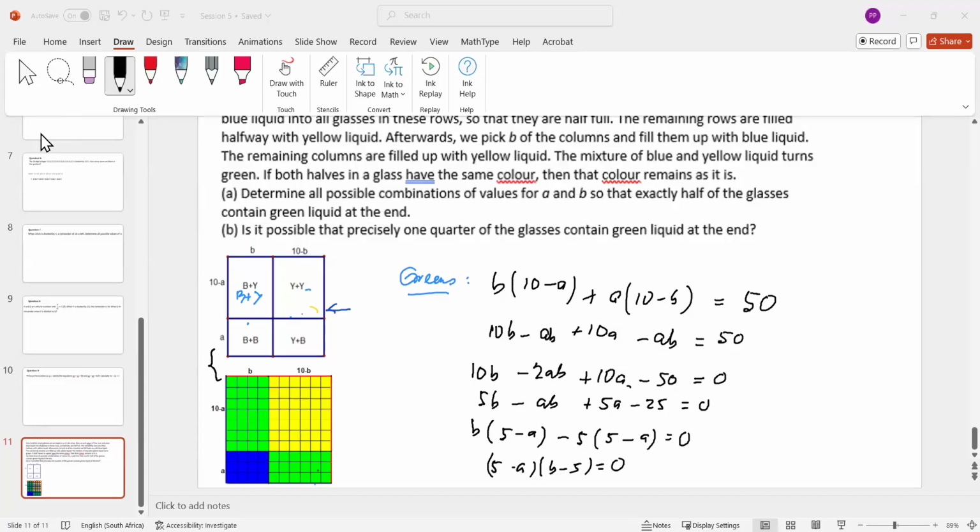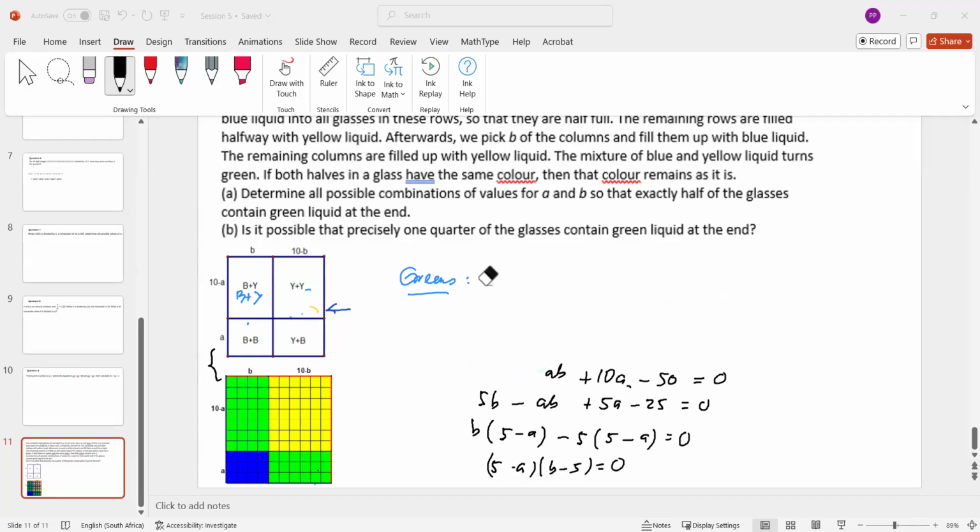Very important fact. So in this question, this product is 0, so A equals 5 or B equals 5.